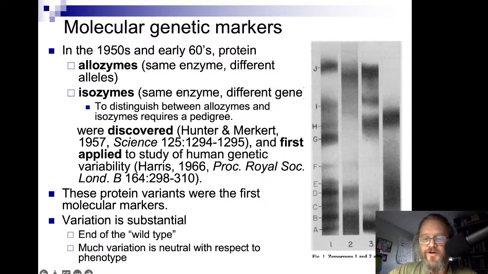This is a picture of a picture of a picture from the very first article, 1957, that used allozymes as genetic markers. And so they got families, 1, 2, 3, 4, and then they were comparing those individuals from different markers, right?